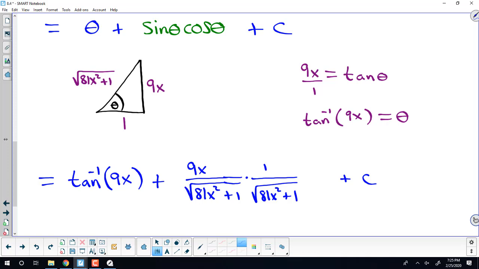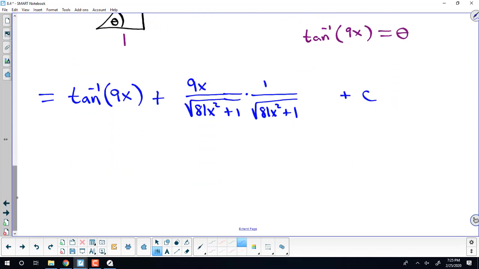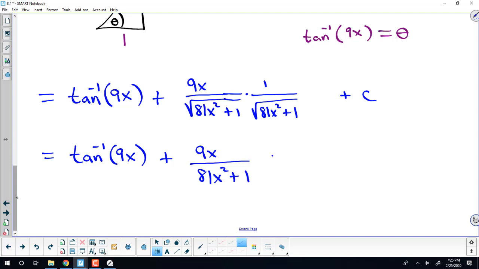We'll just clean that up a bit, but that's pretty much it. Anybody have any questions at all? Okay, so we've got our inverse tangent 9x plus 9x over 81x squared plus 1, plus a constant.